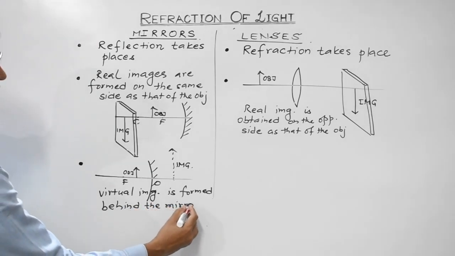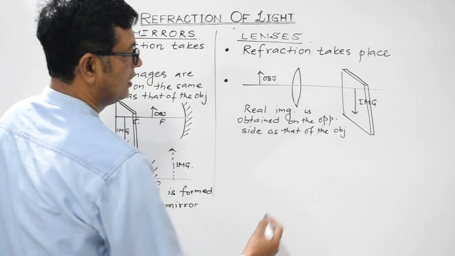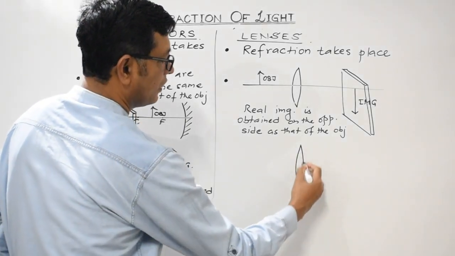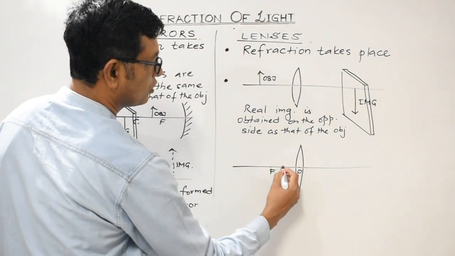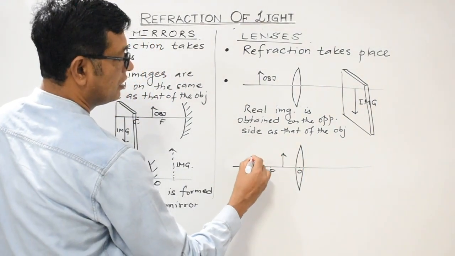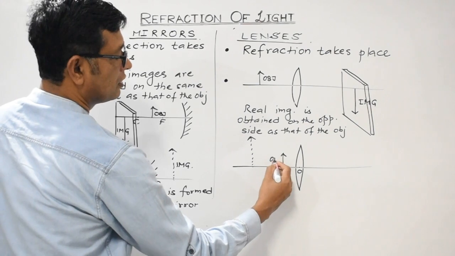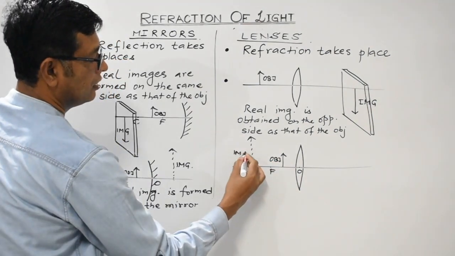While on the other hand, in the case of lenses, like there is a convex lens and there is the optical center, there is the focus. Suppose an object is kept over here. So here its virtual image is formed. This is the object and this is the image.